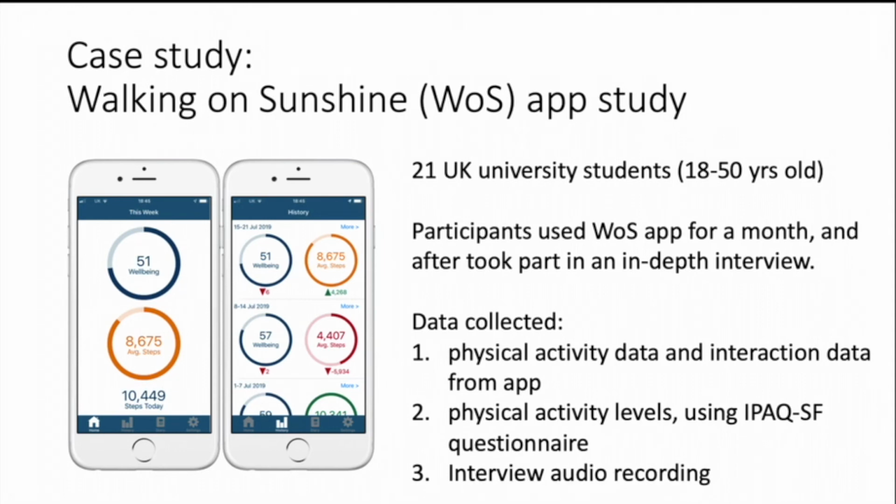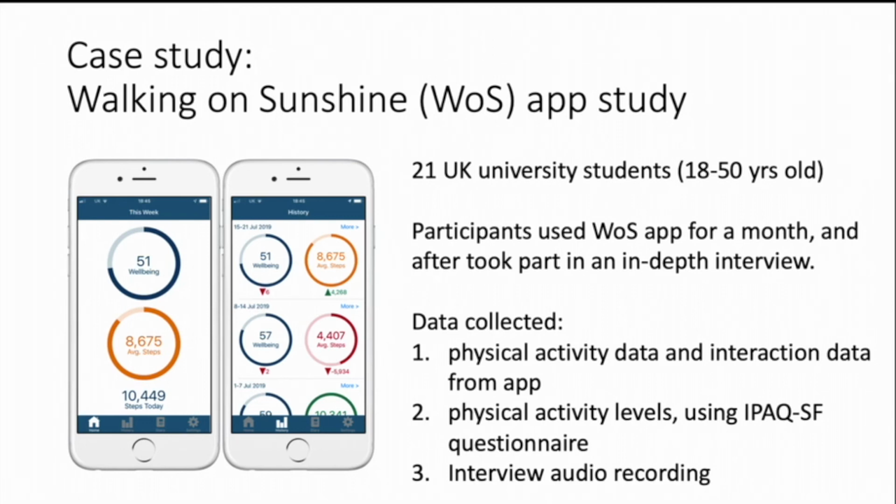For this study, we collected physical activity data and interaction data from the app: how many steps they took daily with weekly averages, how often they accessed the app, and the scores they got from filling out a weekly survey in the app about their mental well-being.